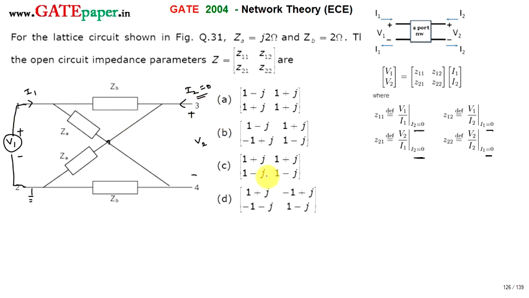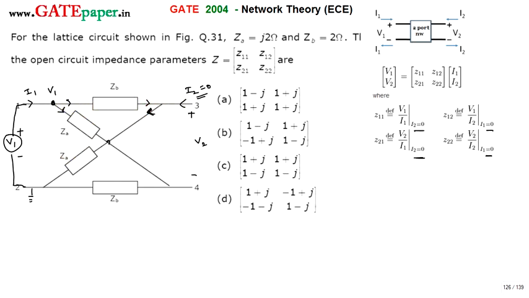So now we are going to calculate Z11. Z11 can be calculated by taking KCL across this point. Voltage across this point is V1. Currents are flowing in this direction. Since I2 is equal to 0, the same current is also entering this one, because the same current plus 0 gives the same current, which is also flowing through this ZB.